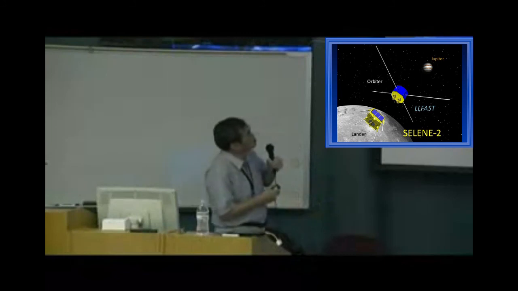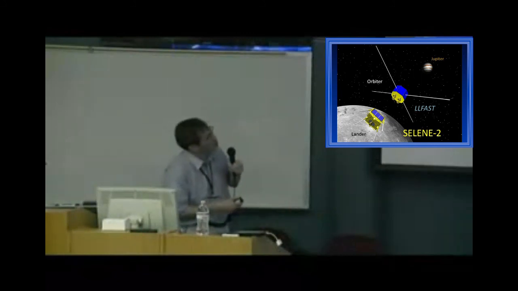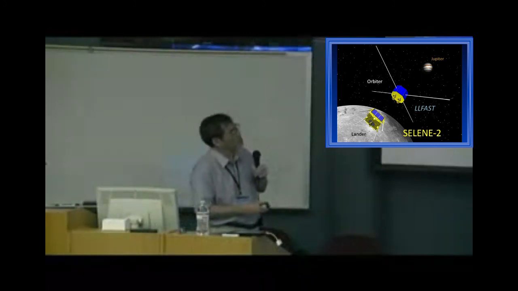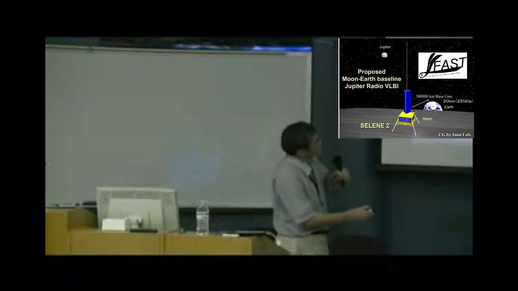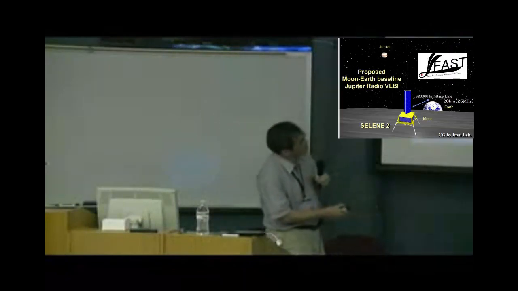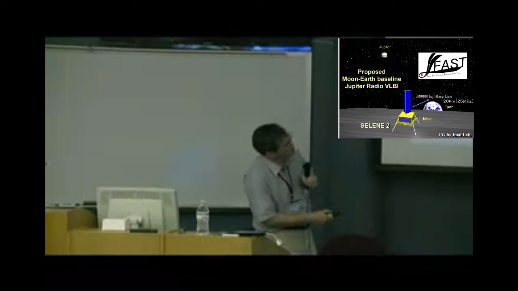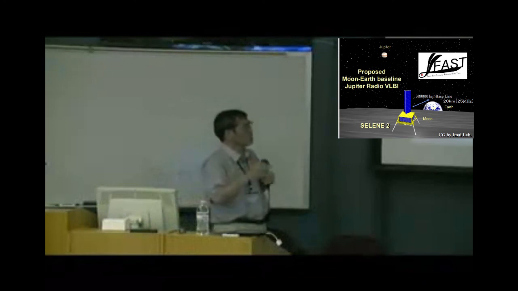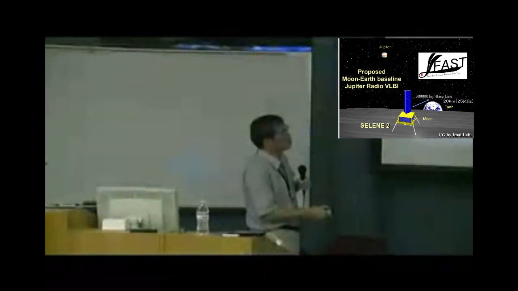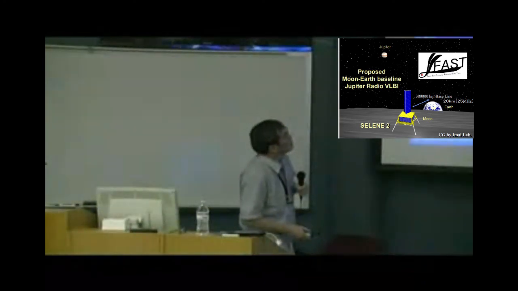We are considering space Jupiter radio VLBI between Moon and Earth. The baseline length is something like this. That corresponds to a 20 kilometer size on Jupiter at the frequency of 25 megahertz.